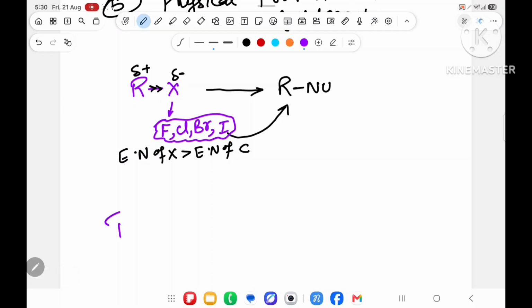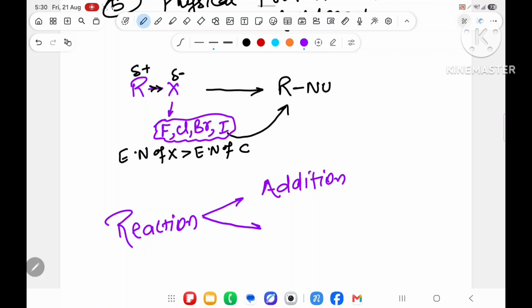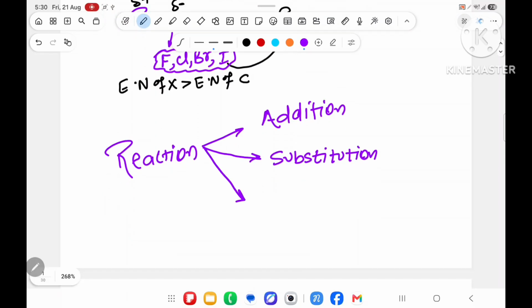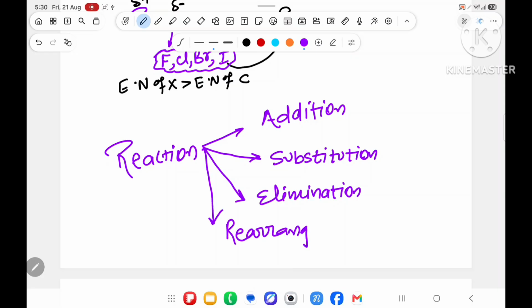It means in this reaction, there is either an addition of nucleophile, or a substitution of nucleophile, or an elimination of nucleophile, or a rearrangement. Don't get confused, it is not a rearrangement of nucleophile, simple rearrangement happens.